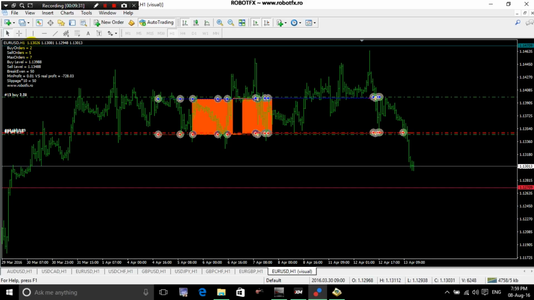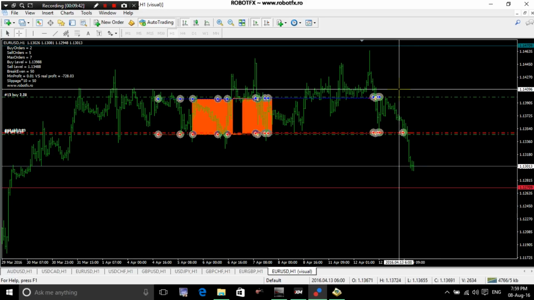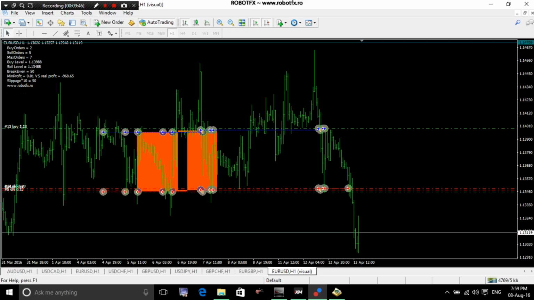So once we have 2 buys and 5 sells and the maximum orders is 7, the expert advisor will not open any other trades. In this scenario, you might lose or you might win. It might help you limit your losses, or maybe you will lose. Again, it depends on your trading style.